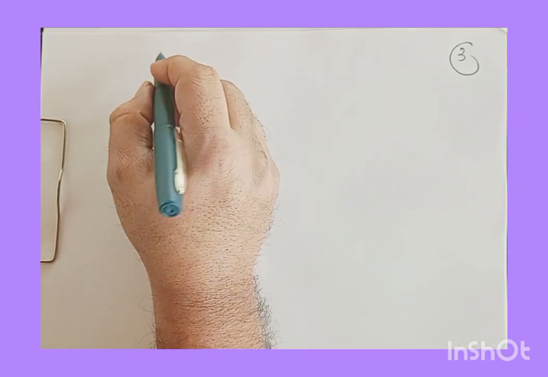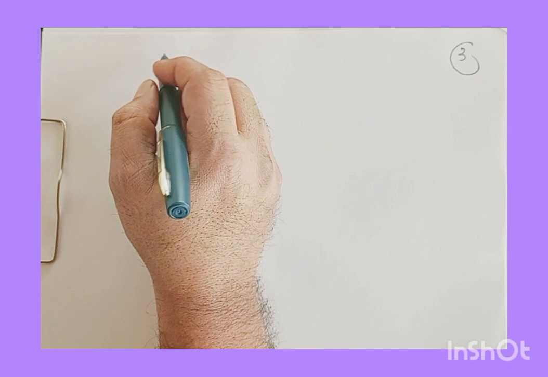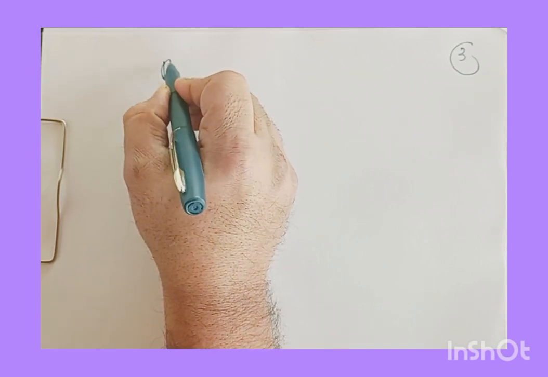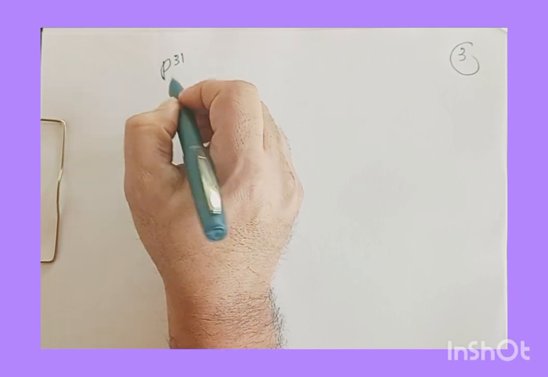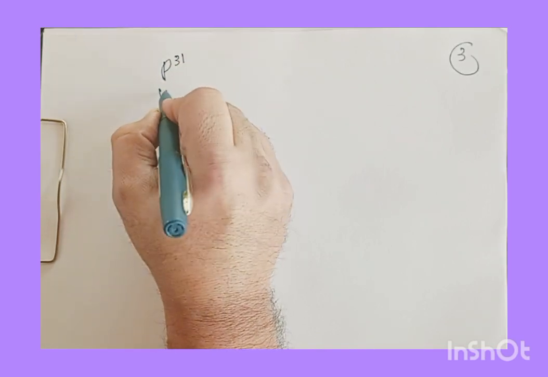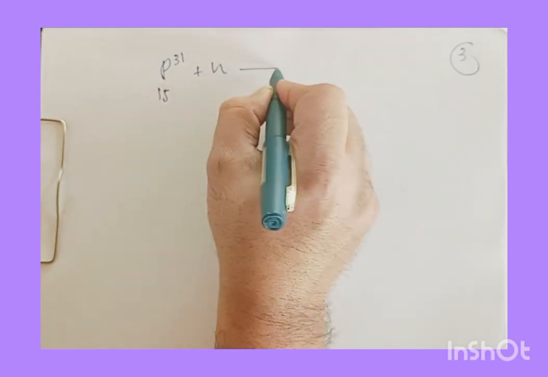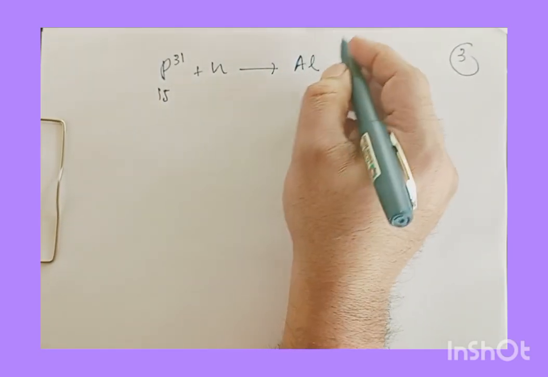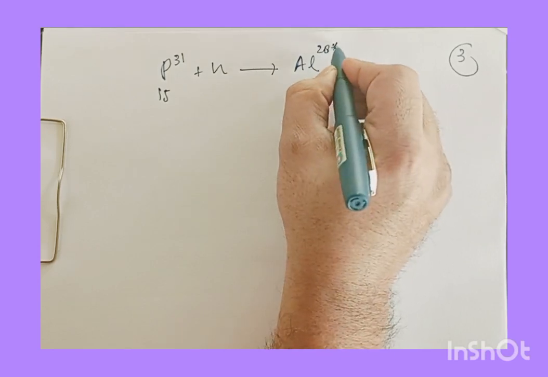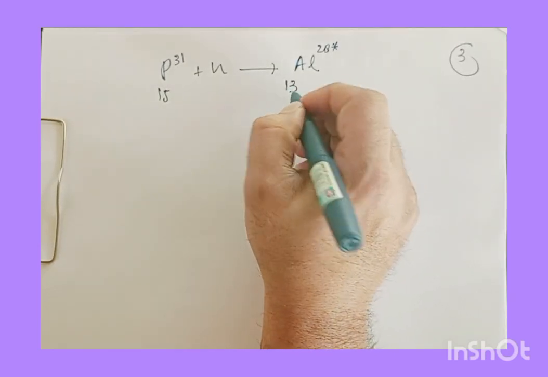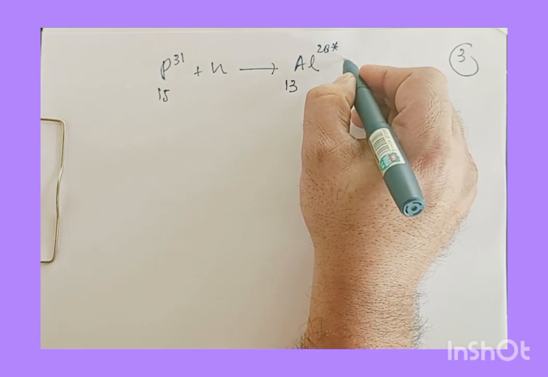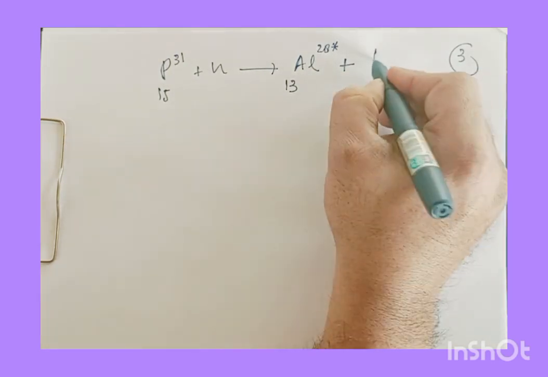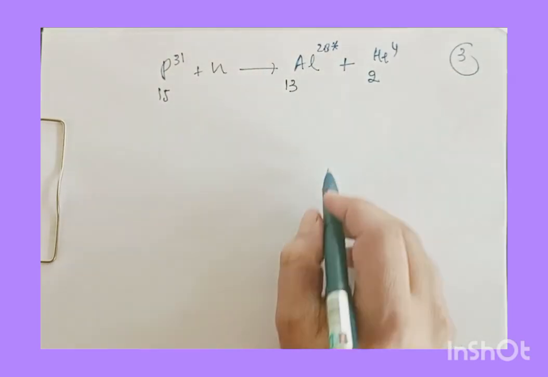And we can have more examples. Let me take another example in which a neutron is used as a projectile. Take phosphorus 31, atomic number 15, hit it with a neutron, and what we have is aluminum 28 in an excited state with atomic number 13, and we get an alpha particle out of it.